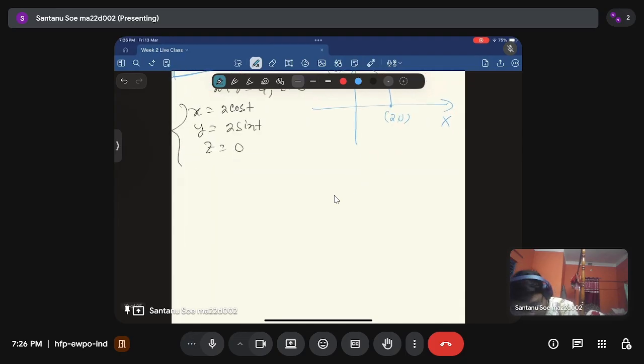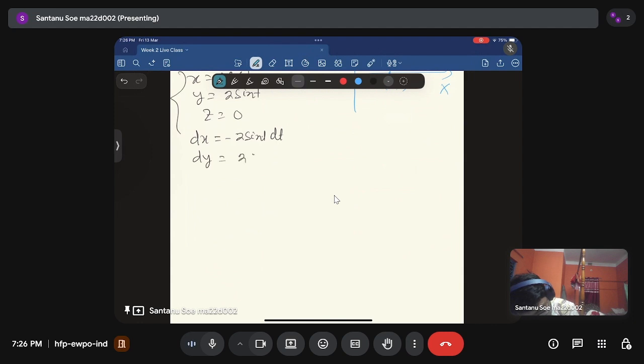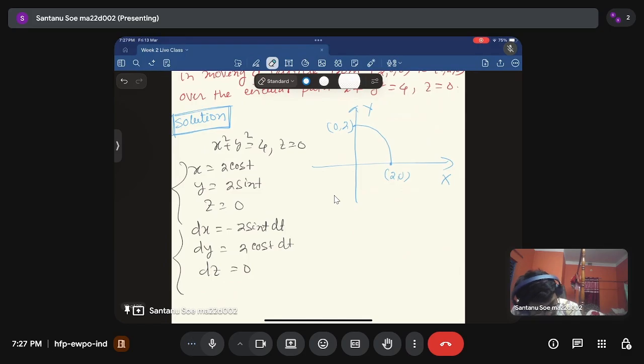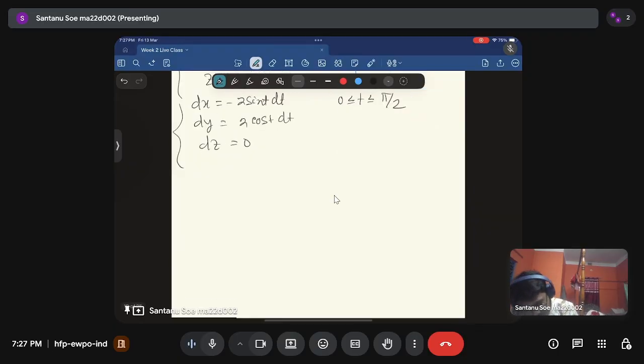Correct? So from here, dx equals minus 2 sin t dt, dy equals 2 cos t dt, and dz equals 0, right? Here, since the arc is only in the first octant, t will be from 0 to pi by 2, right?